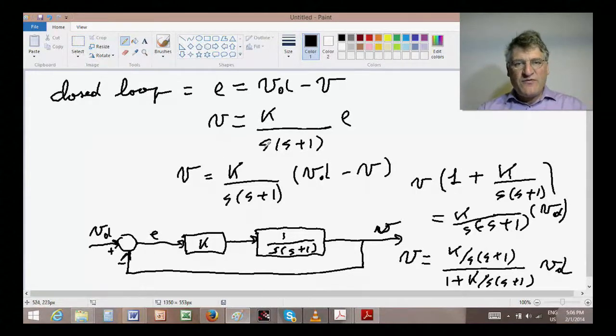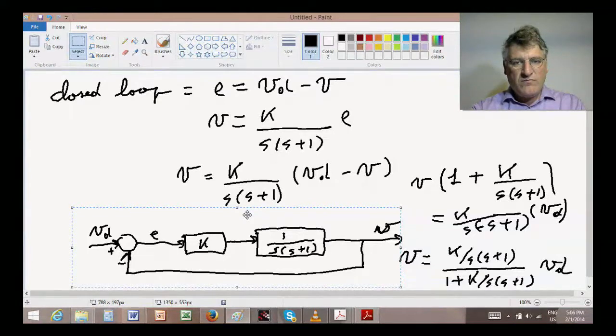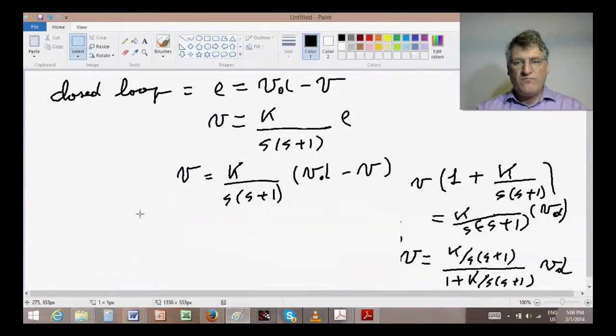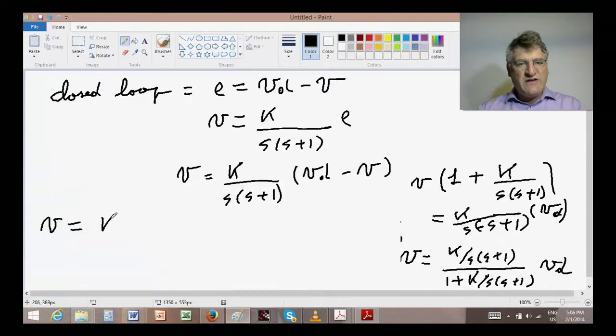We can simplify this transfer function by reducing everything to the same denominator. And we get an alternative expression, which is V is equal to K divided by K plus S times S plus 1, times VD.